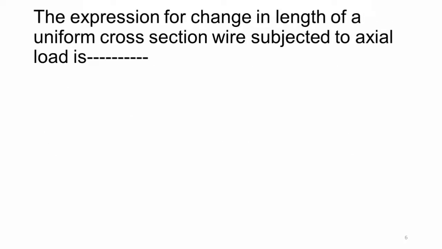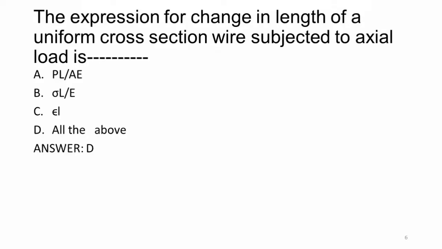The expression for change in length of a uniform cross-section wire subjected to axial load is: PL upon AE, second sigma L upon E, epsilon into L, all of the above. So the correct answer is all of the above, because the question asked is about change in length.